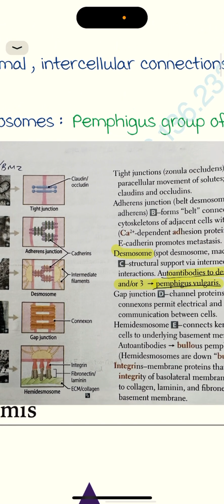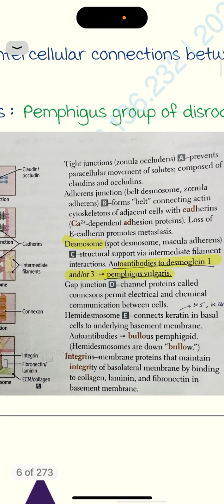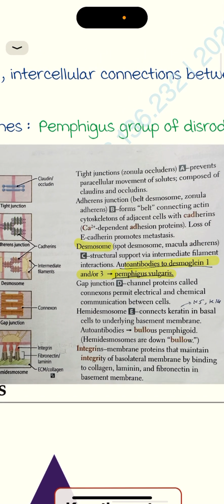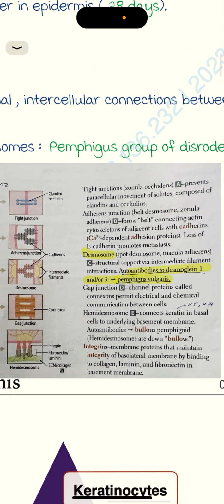And another important structure here is hemidesmosomes. Hemidesmosomes connect keratin in basal cells to underlying basement membrane. And markers here are K5 and K14. Autoantibodies against hemidesmosomes cause bullous pemphigoid.